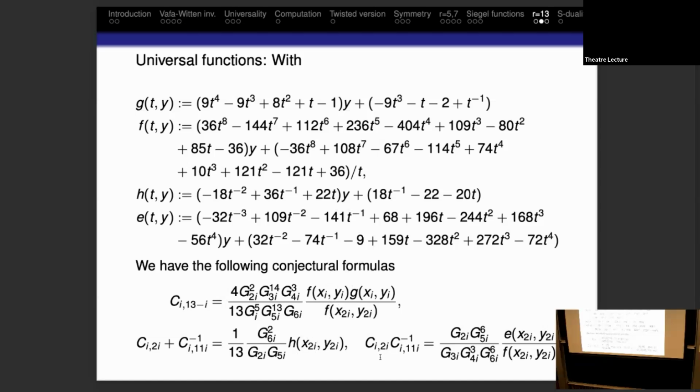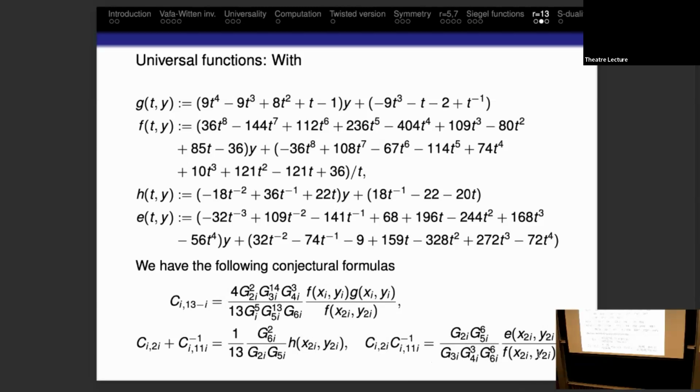And if I take their product, it's this. And there's again the surprising fact that the denominator is the same. Okay, and in fact, I should maybe mention that in these formulas, I don't have these other functions which come from the twisting.